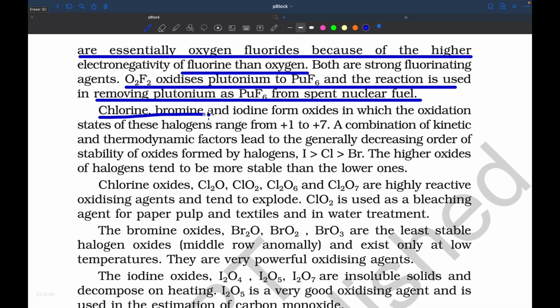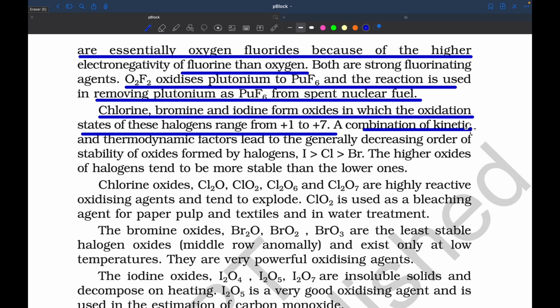Chlorine, bromine, iodine form oxides in which the oxidation states of these halogens range from +1 to +7. A combination of kinetic and thermodynamic factors led to a general decrease in the order of stability of formation of halogen oxides.